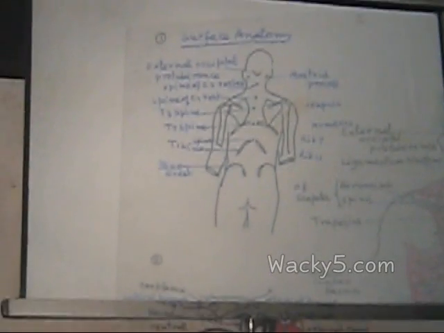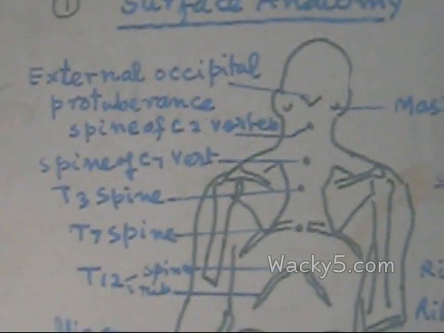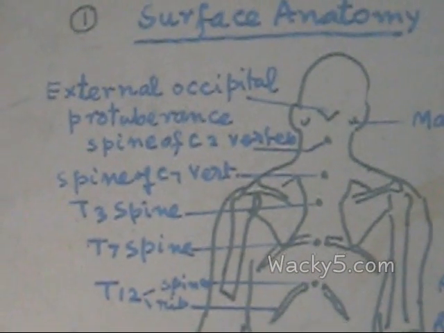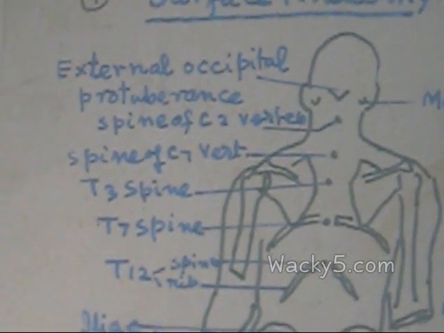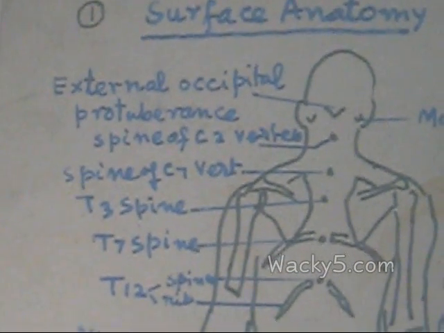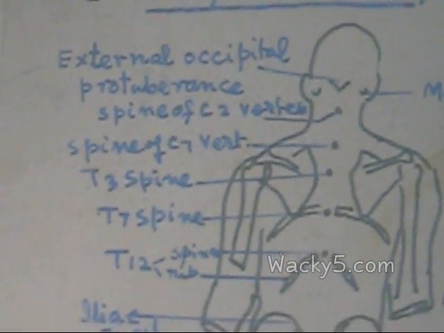Here you can see a diagram of landmarks; bony marks have been pointed out. First on top, look at the left side. There is a pointer to a prominence that can be felt on the back of your head in the midline. The name of the prominence is external occipital protuberance.